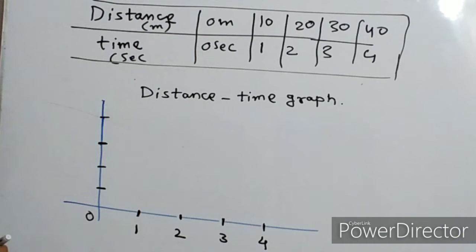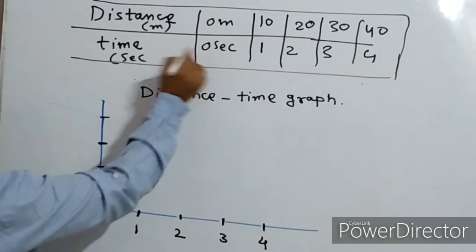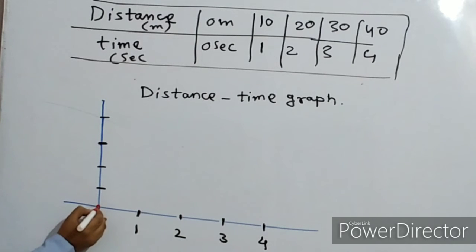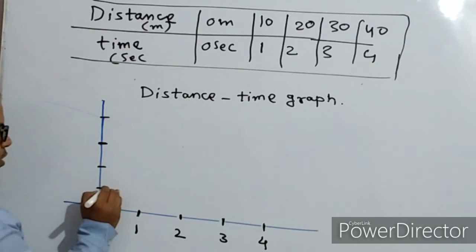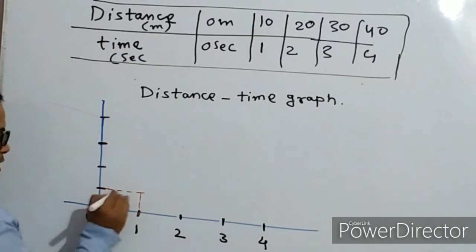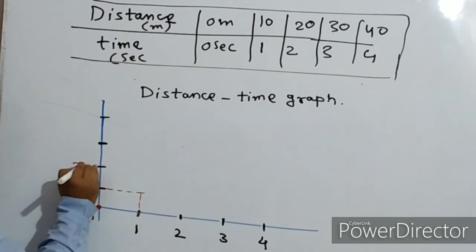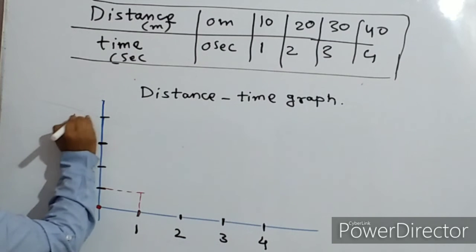Let us plot the points now. At 0 it is 0, so at 0, 0 on both the scales, the first point will be here. At 1 second it is 10 meter, so here 1 and here 10. This is 10, this is 20, this is 30, this is 40.